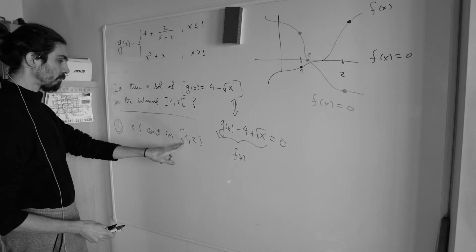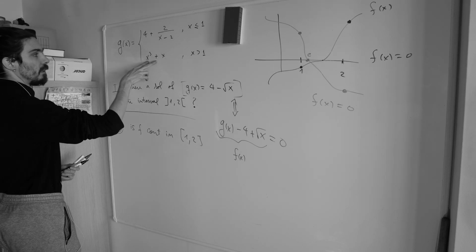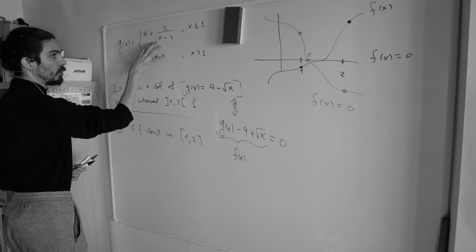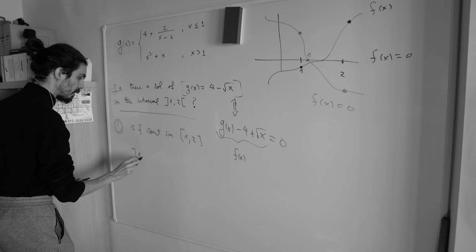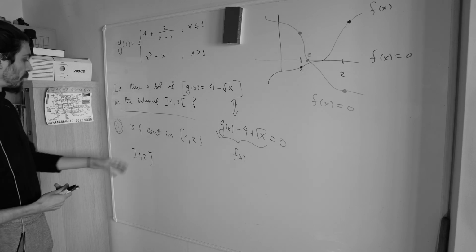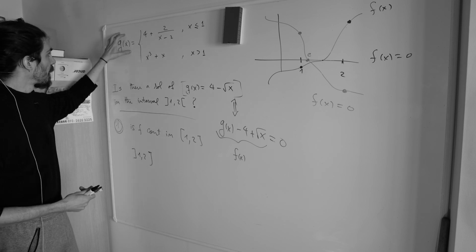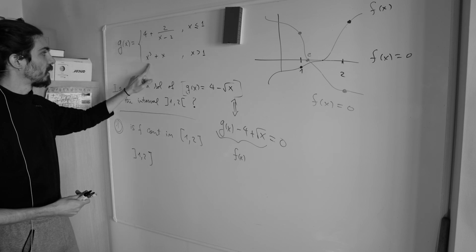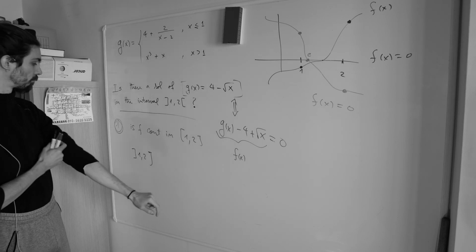Let's see. This thing here is true for this interval. So from 1 up to 2, it's clearly continuous. Why? Because in this interval, g of x is this part, because this part is true for x larger than 1.